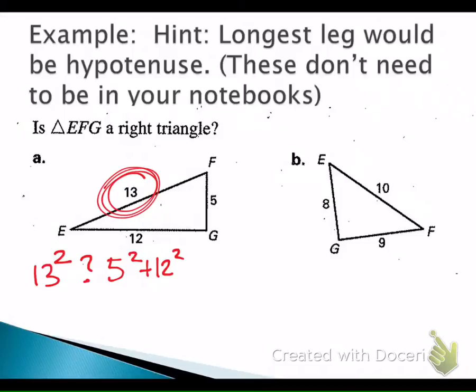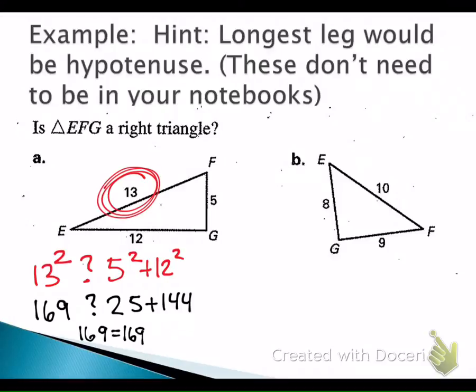Okay, so 13 squared is 169. Still not sure what goes here. All right, so 5 squared is 25. 12 squared is 144. 25 plus 144 is 169. So 169 equals 169.